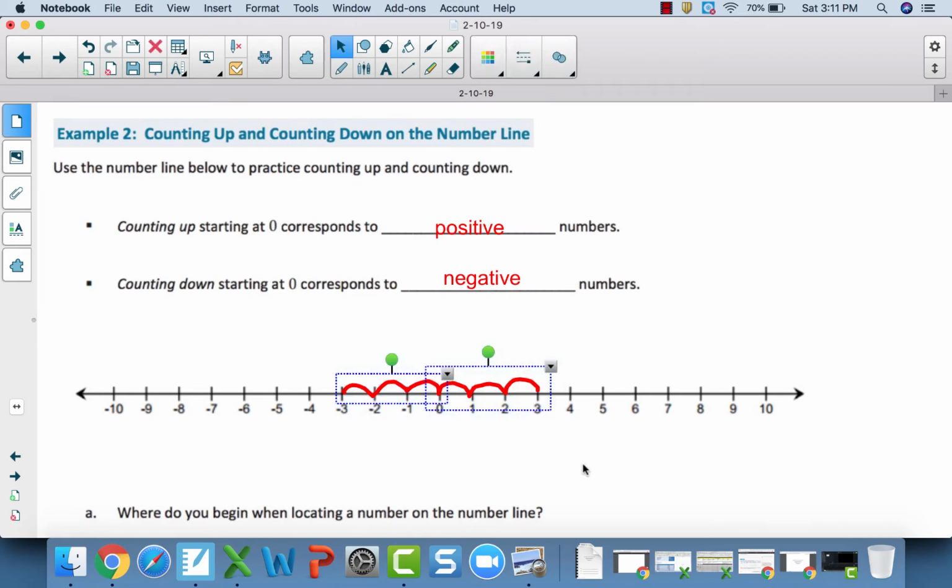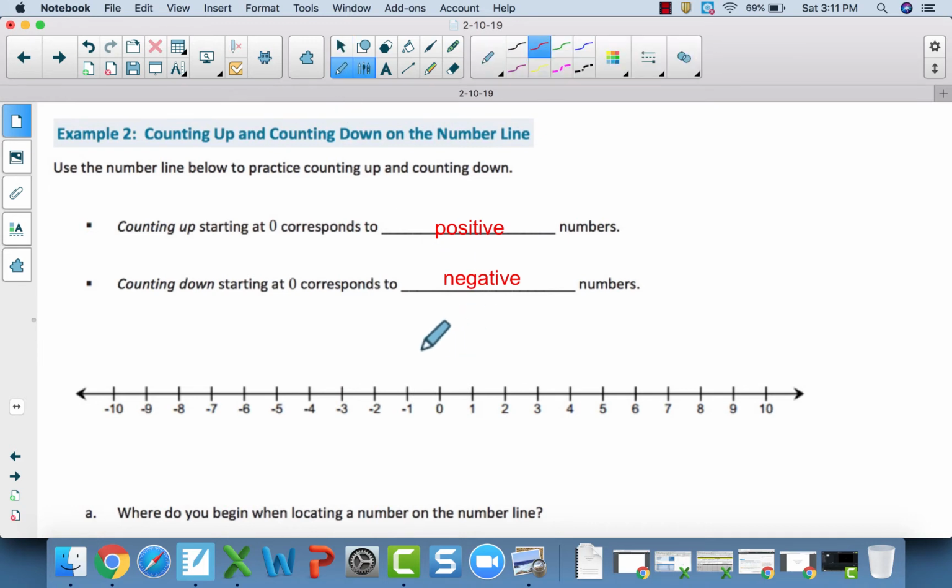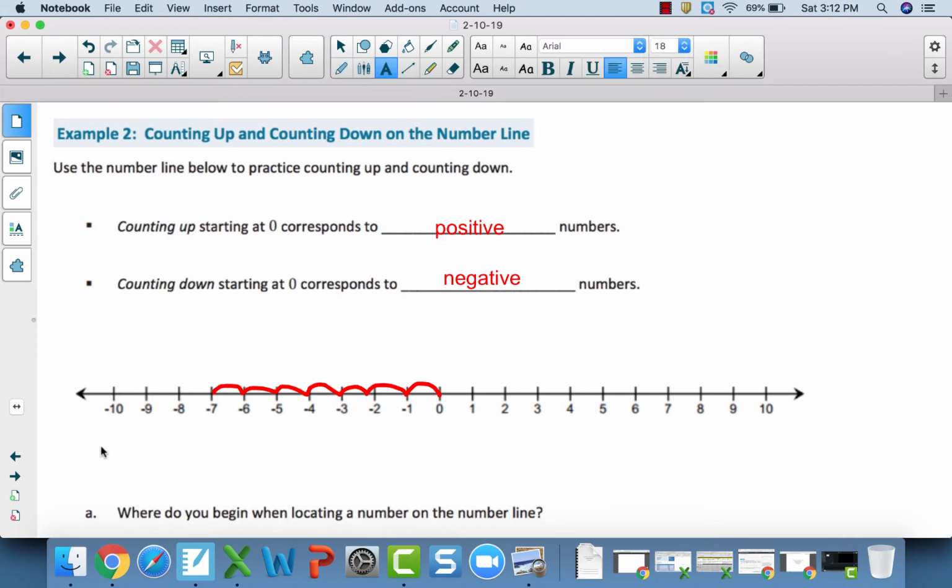Let's do another example. Let's try negative 7. If we wanted to count to negative 7, you would start at 0. 1, 2, 3, 4, 5, 6, 7. That's counting down by 7.